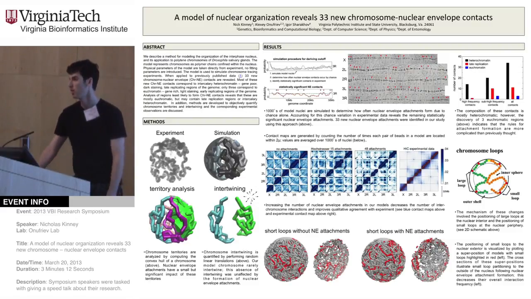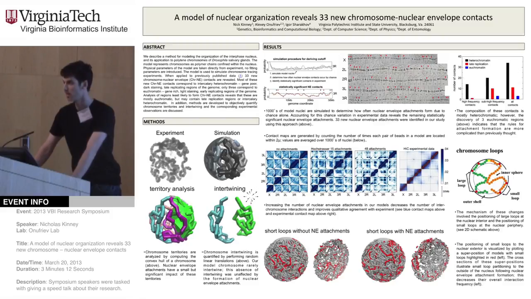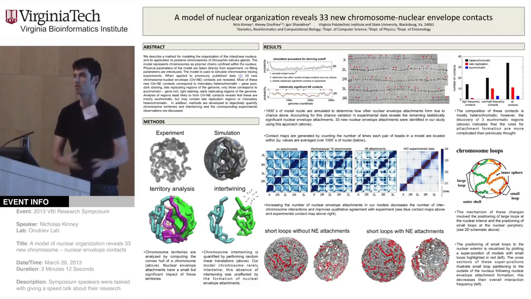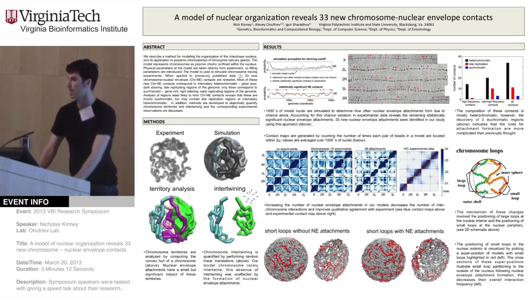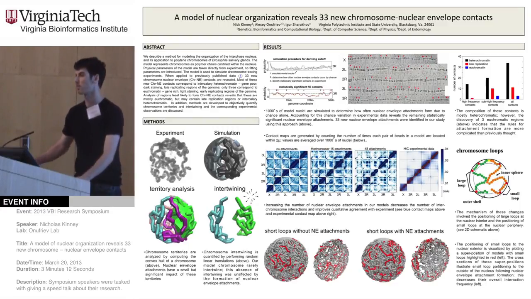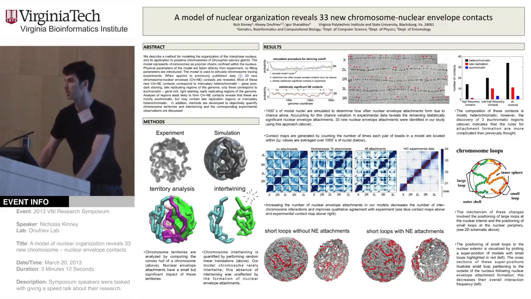And if so, do these contacts correspond to the same 15 contacts that were observed in experiments? So is confining these polymers in this geometric way enough to account for the 15 attachments that they observed in experiments? If not, you might assume that these positions have some intrinsic affinity for the nuclear envelope.